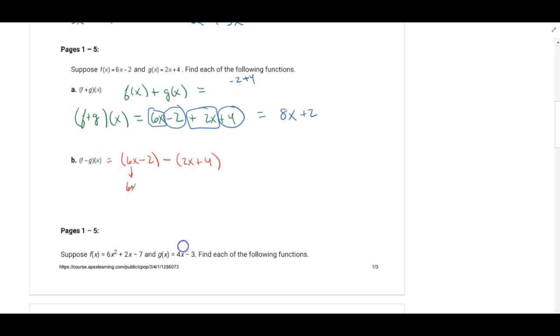So I bring the 6x down, the minus 2 down, distribute the negative sign. A negative times a positive is a negative 2x. A negative times a positive is a negative. So 6x minus 2x would give me f minus g of x is 6x minus 2x is 4x. Then negative 2 minus 4 will give me minus 6. Okay?